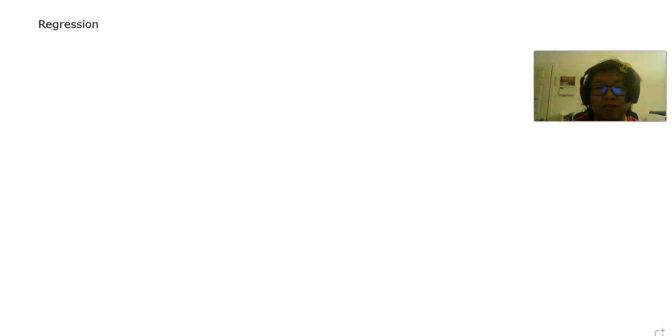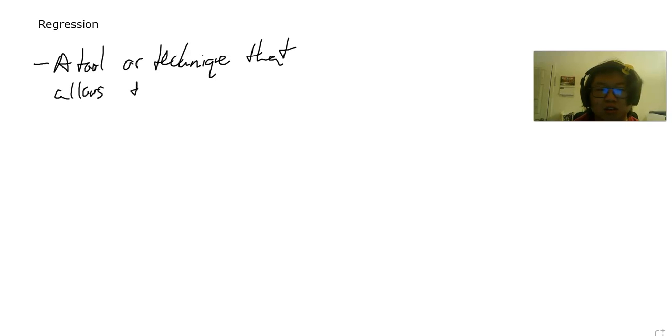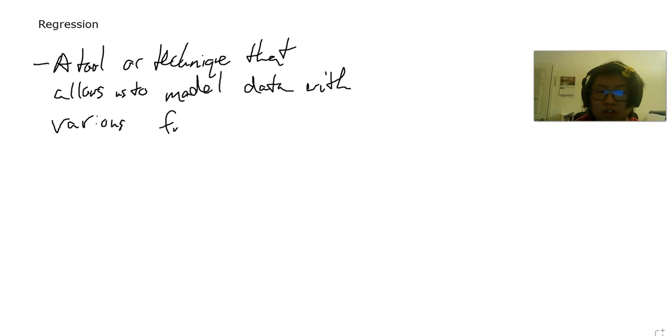So when you take some data, you can usually use regression, a tool or technique, I want to call it, that allows us to model data with various functions.